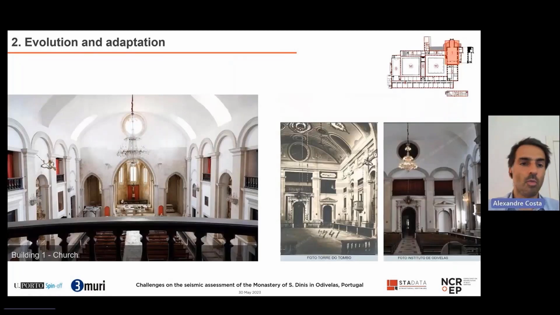And the church, where we can see the original part of the church and what was damaged and what was reconstructed, and also some loss of quite interesting paintings and decorative ceilings that were lost during the years.